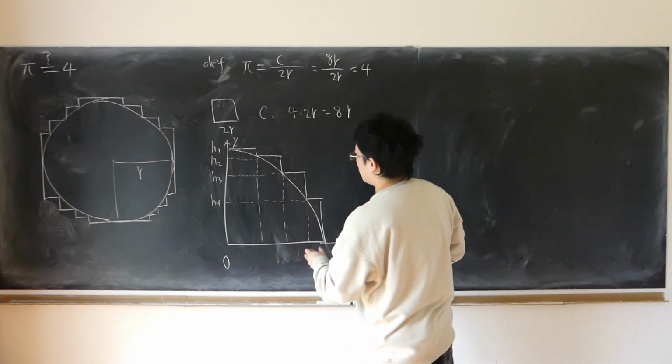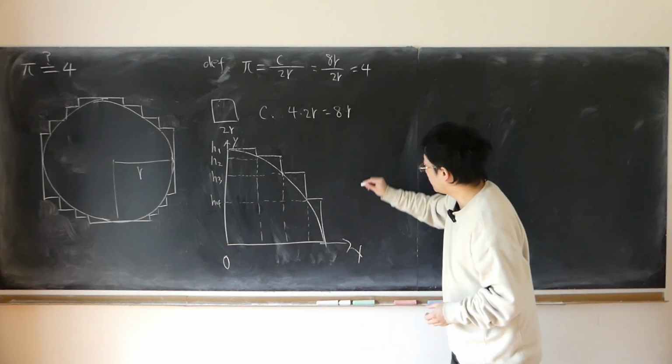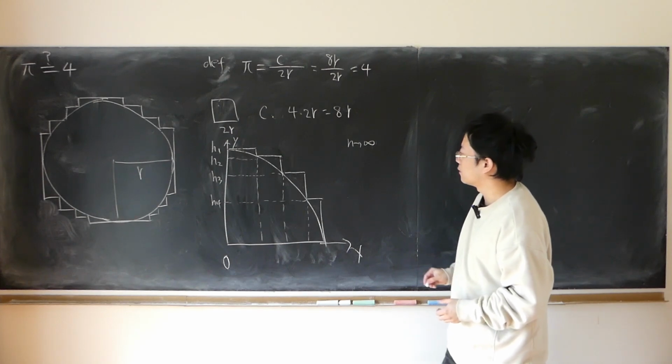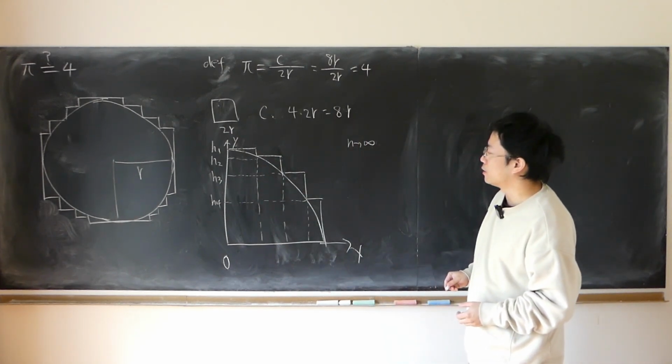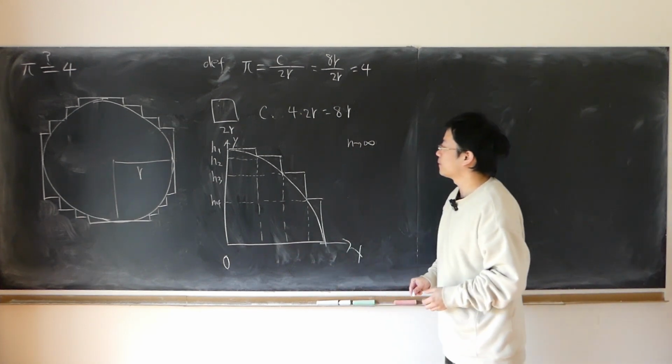So the area, like I said, when n approaches infinity, looks like a definite integral. A Riemann sum divided into n equal parts.